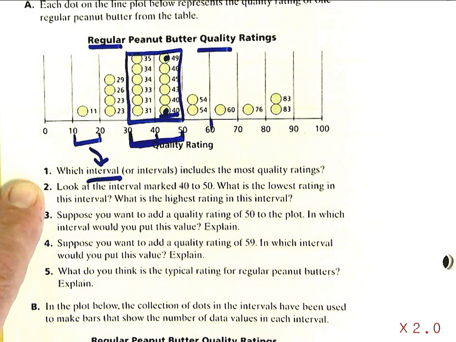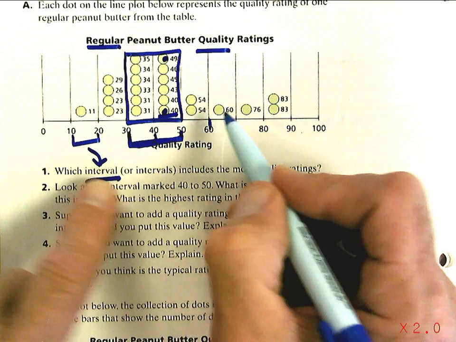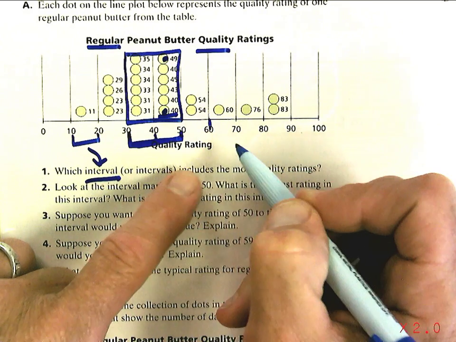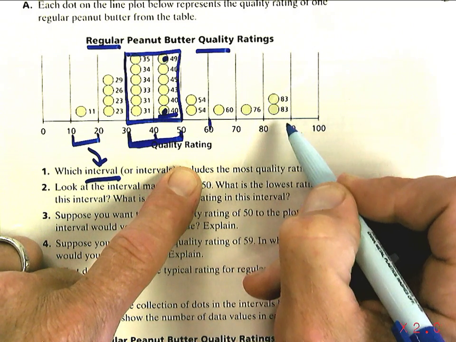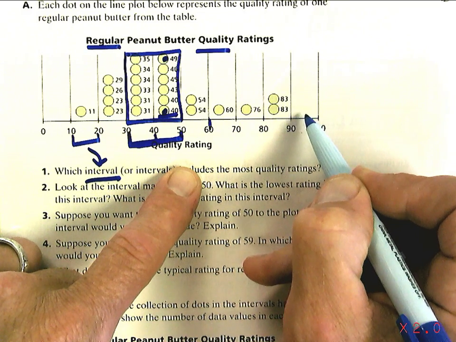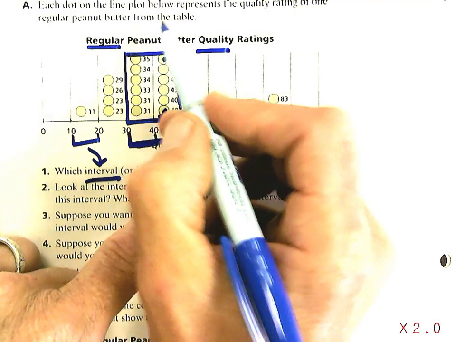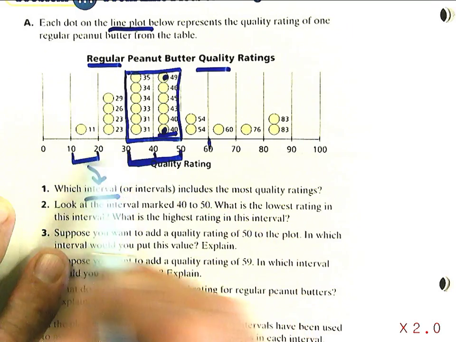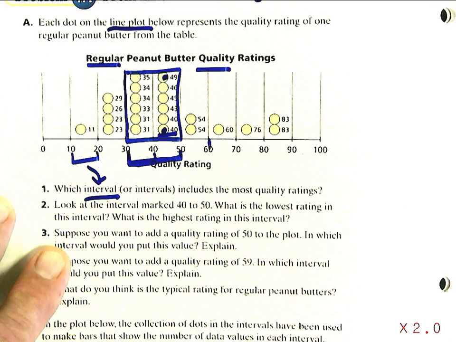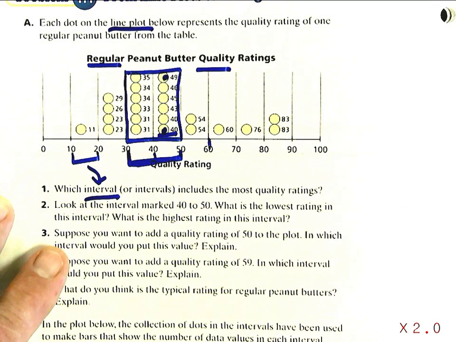If we were to throw in a 59 or some other number, the 59 would go in the 50s, a 60 would go in the 60s, a 70 would go in the 70s, and so on. If we had a 90, it would be up here in the 90s. And so that's called a line plot, which basically is like taking a number line and plotting your data on that type of plot.